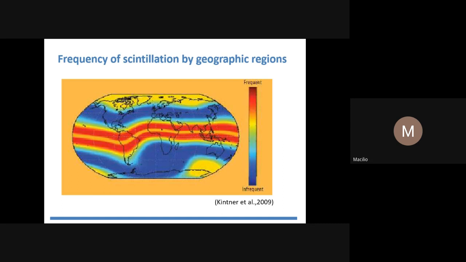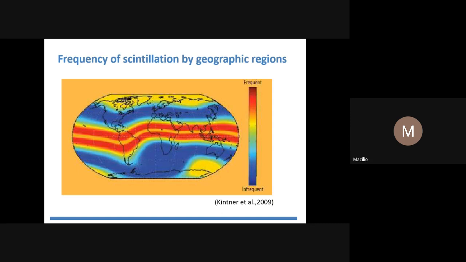Here we have the frequency of scintillation by geographic regions. You can see in red, the scintillation is very frequent, exactly in this region where we have the equatorial scintillation.